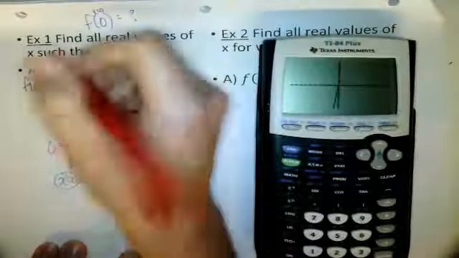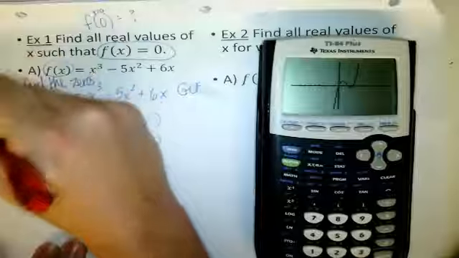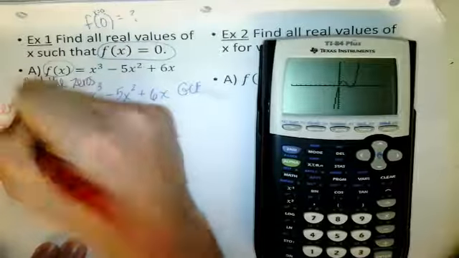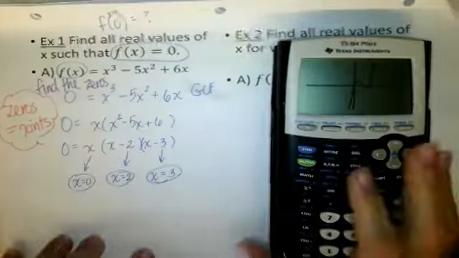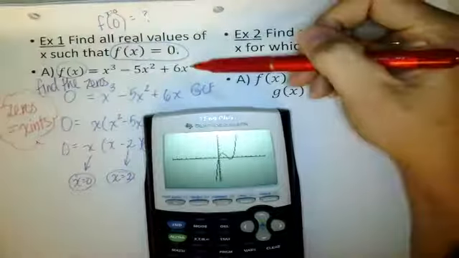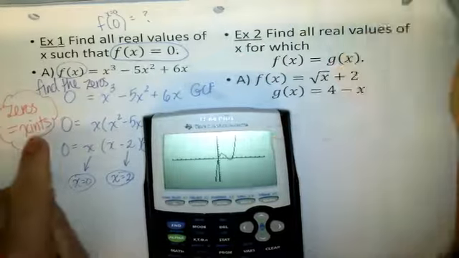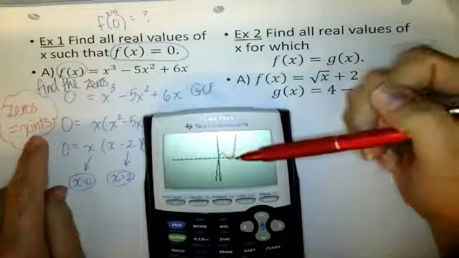So not only do they say find the zeros, but zeros are exactly the same as x-intercepts on a graph. And so can you check this? Sure you can. You can graph your equation, your function, and look, where are the zeros? Where are the x-intercepts? 0, 2, 3.